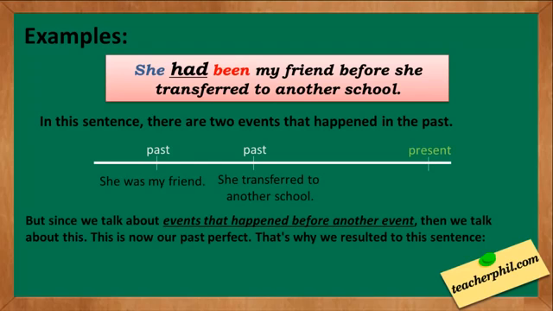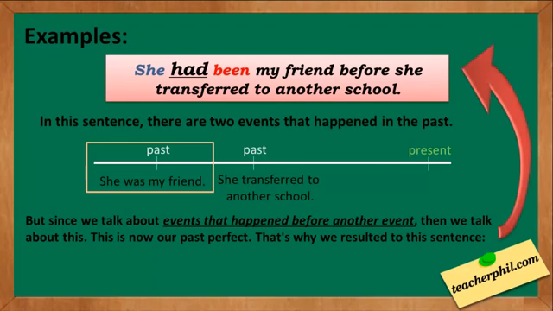But since we talk about events that happened before another event, then we talk about this. This is now our past perfect. That's why we resulted to the sentence, she had been my friend before she transferred to another school.